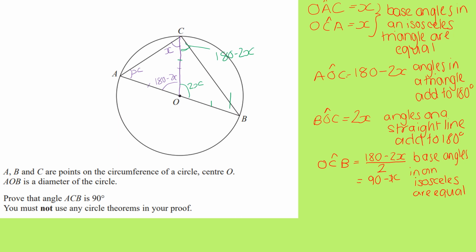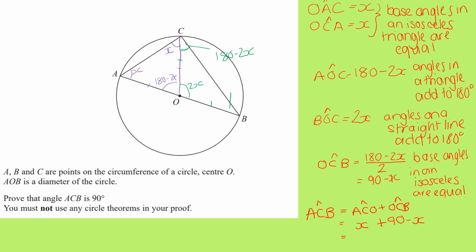So we've got angle ACB is equal then to the angle ACO plus angle OCB, which is x, and angle OCB, which is 90 minus x.